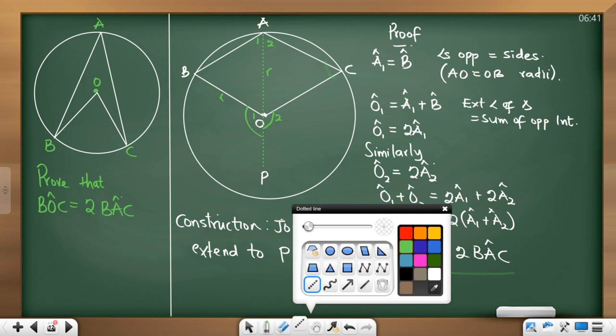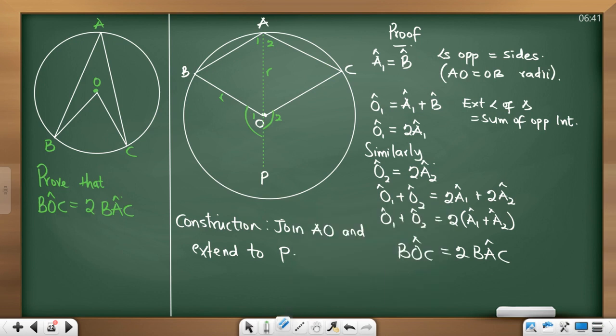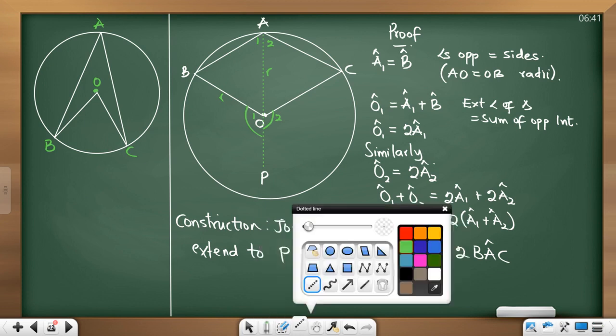Now, this is what I would like to quickly explain to you: why we are using the reflex angle outside. Please watch this. So I'm going to do this. Look at points B and C on the left side of the diagram.